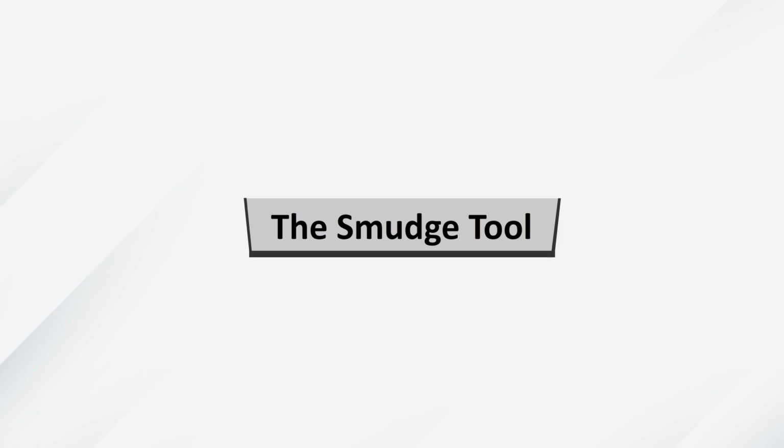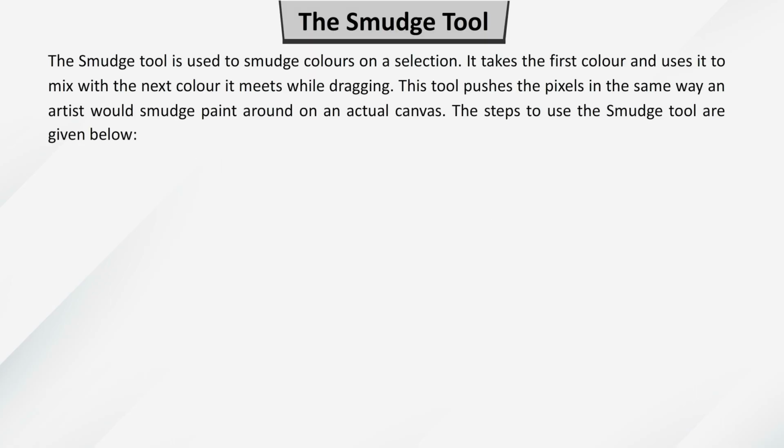The Smudge tool. The Smudge tool is used to smudge colors on a selection. It takes the first color and uses it to mix with the next color it meets while dragging. This tool pushes the pixels in the same way an artist would smudge paint around on an actual canvas.